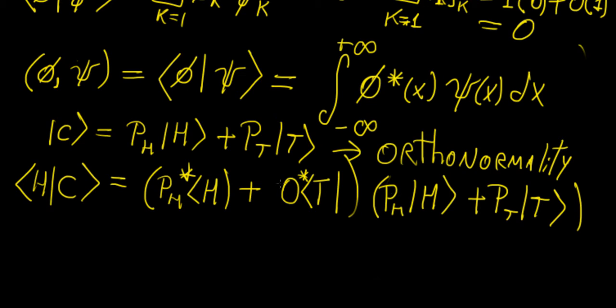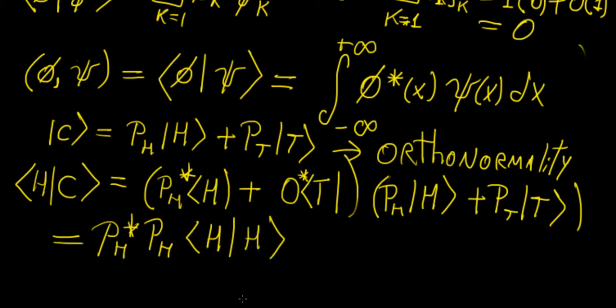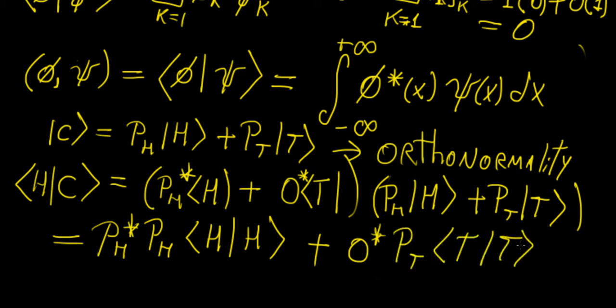Taking this as algebraic expressions, I'm going to use the distributive law, and I'm going to say this is going to be pH asterisk times pH, and now we have this quantity here, bra H times H, plus 0 times PT of T. And now you notice something very peculiar.